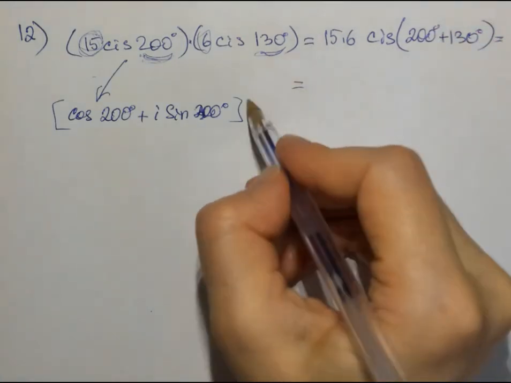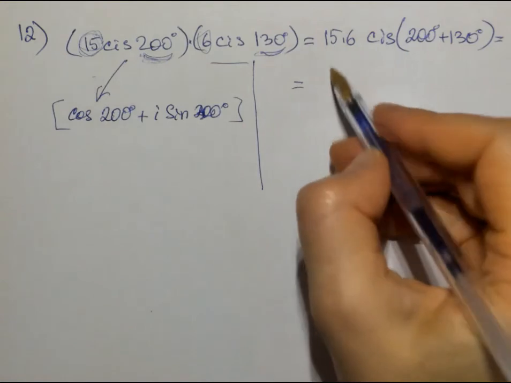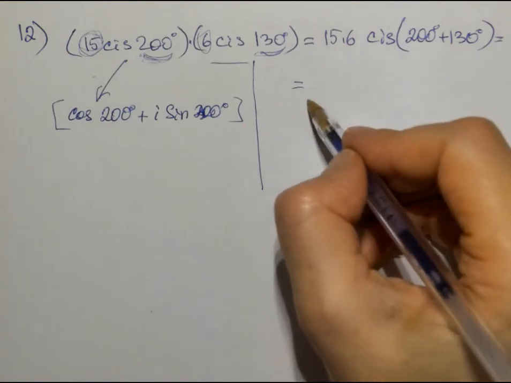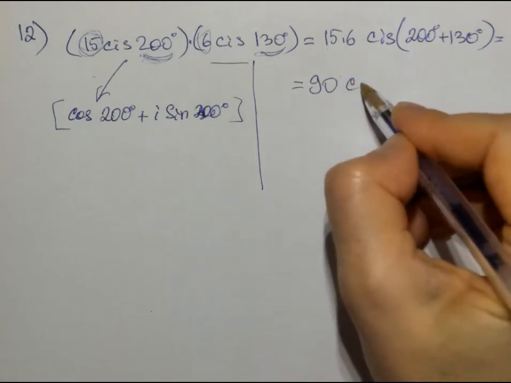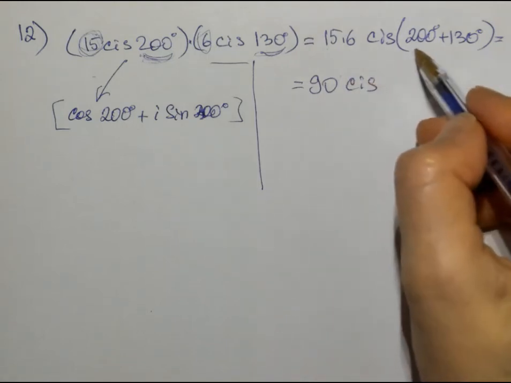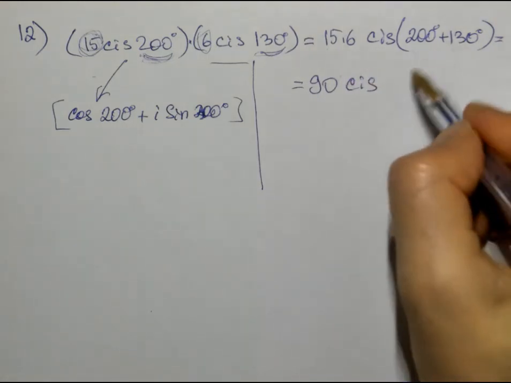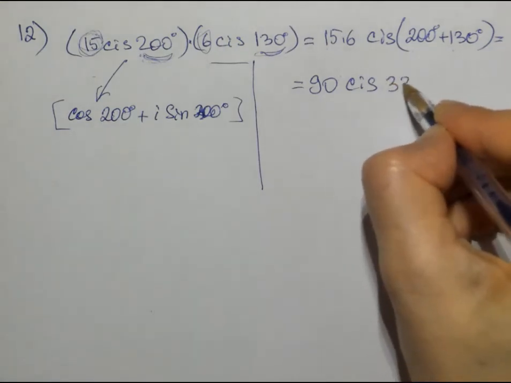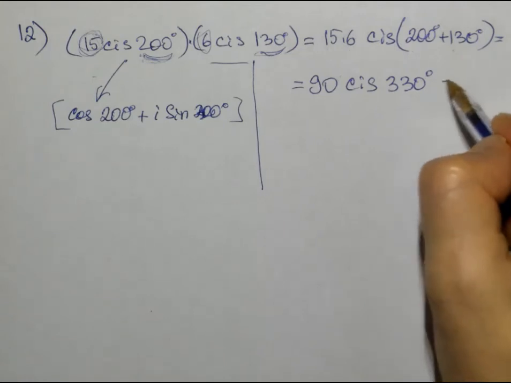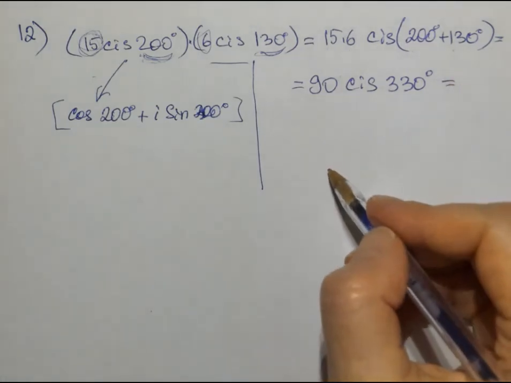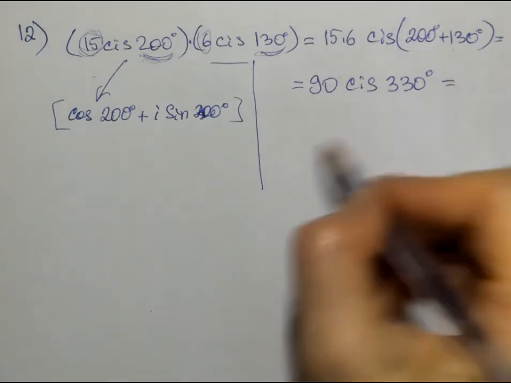So let us simplify this. 15 times 6 will be 90. Cis 200 plus 130 equals 330. Cis 330 degrees.